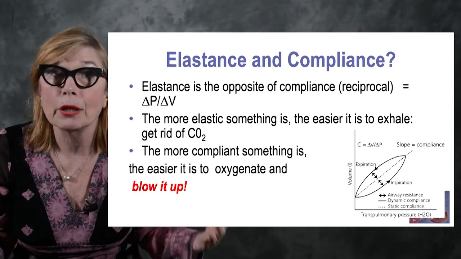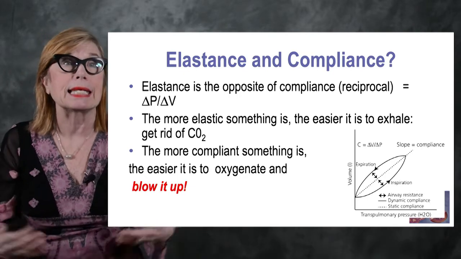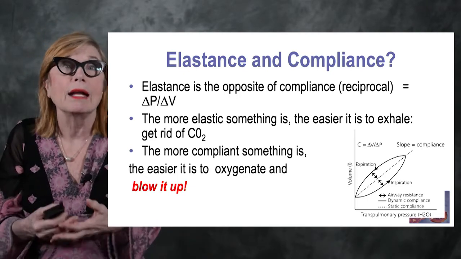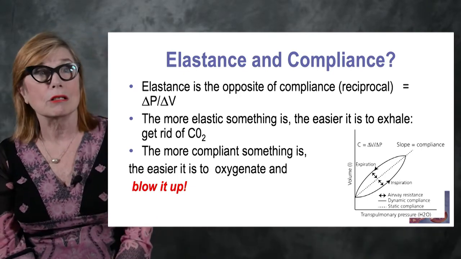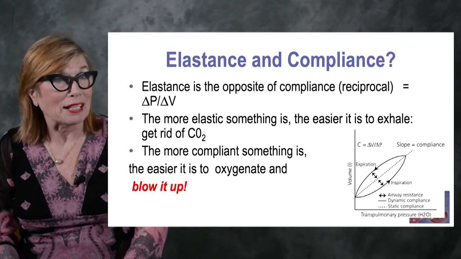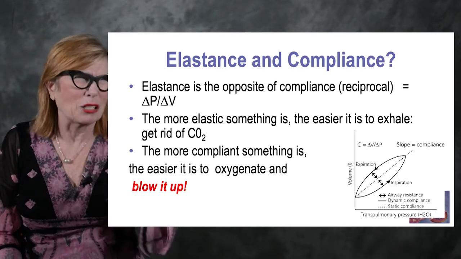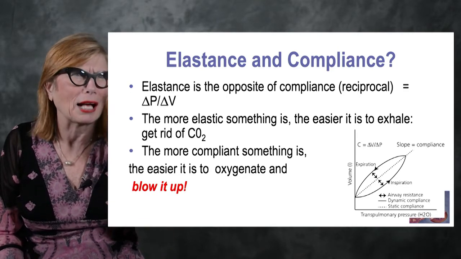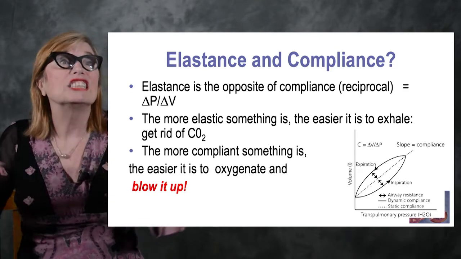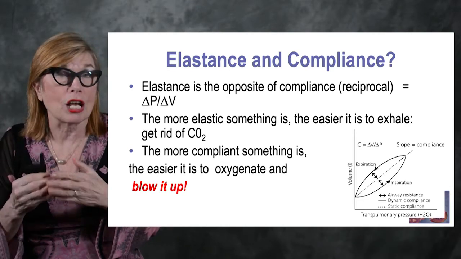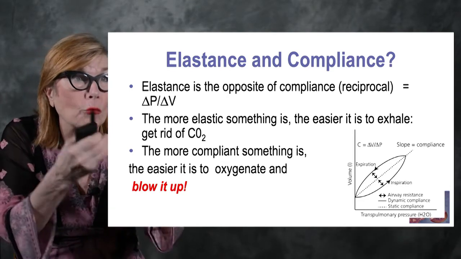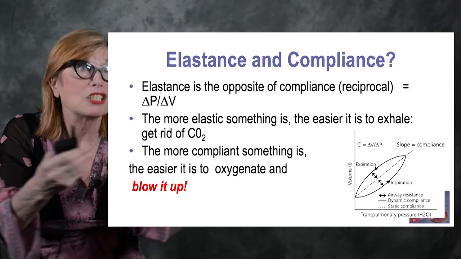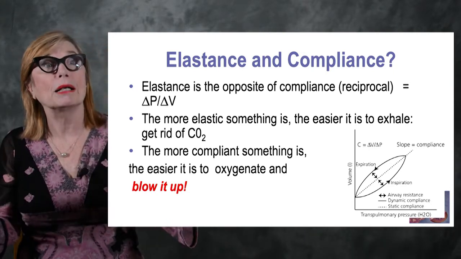The more compliant the alveoli is, the easier it is to oxygenate, and also the easier it is to distend it. Not really blow it up. I don't want you to blow up people's alveoli. That's going to cause a pneumothorax, obviously. But to just distend in order to oxygenate and allow time for recoil, which is exhale time, in order to help us get rid of CO2.